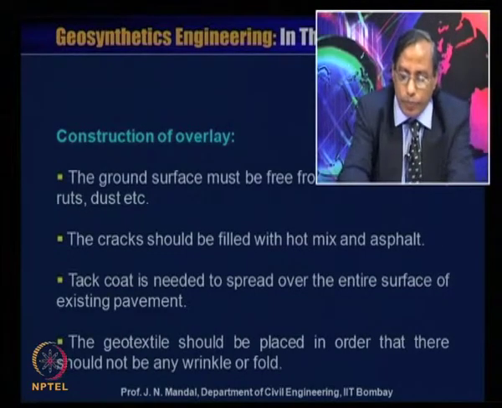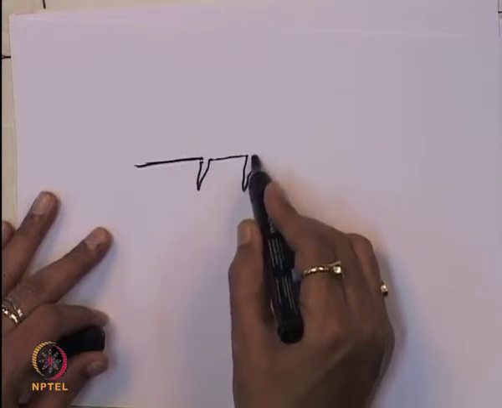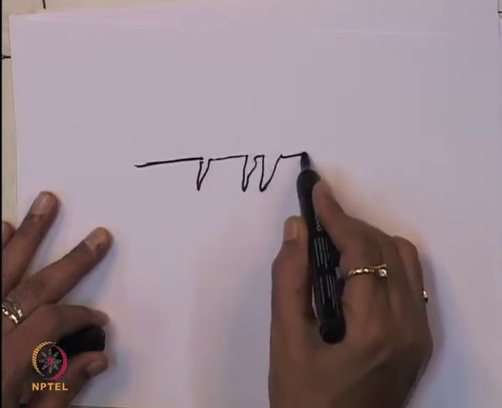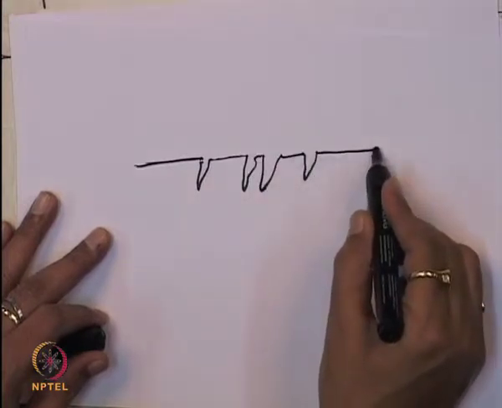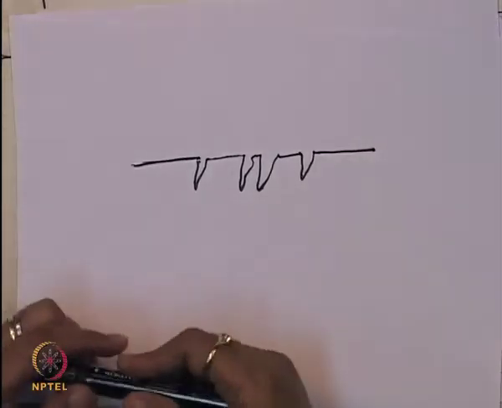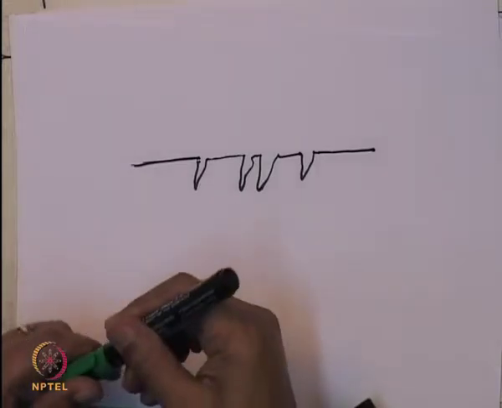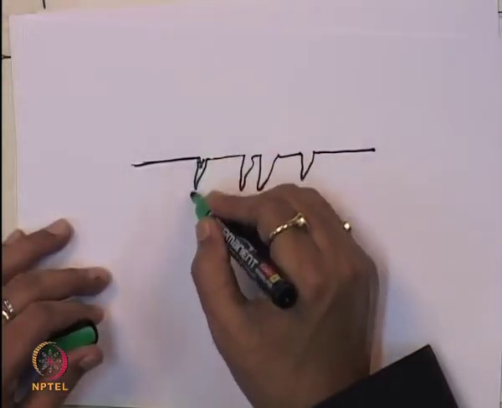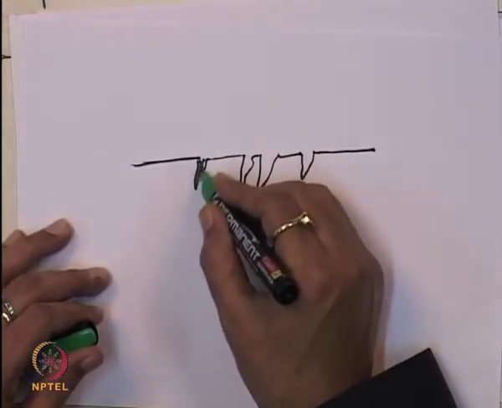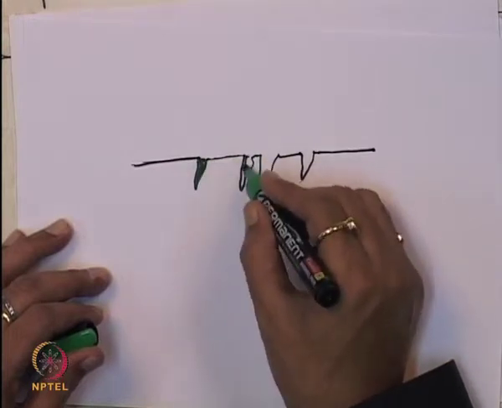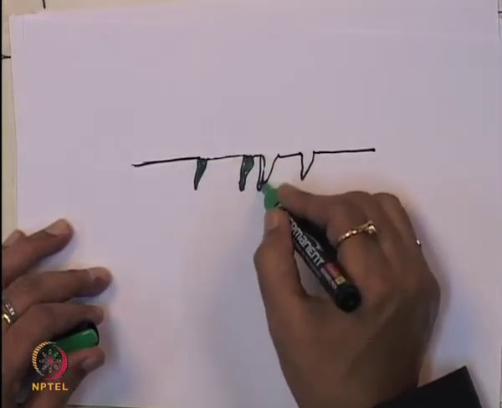So, if this is the existing road and you can see there is a formation of a crack, then this crack is to be filled up with the hot mix. It should be thoroughly cleaned, and then you fill up with the asphalt.